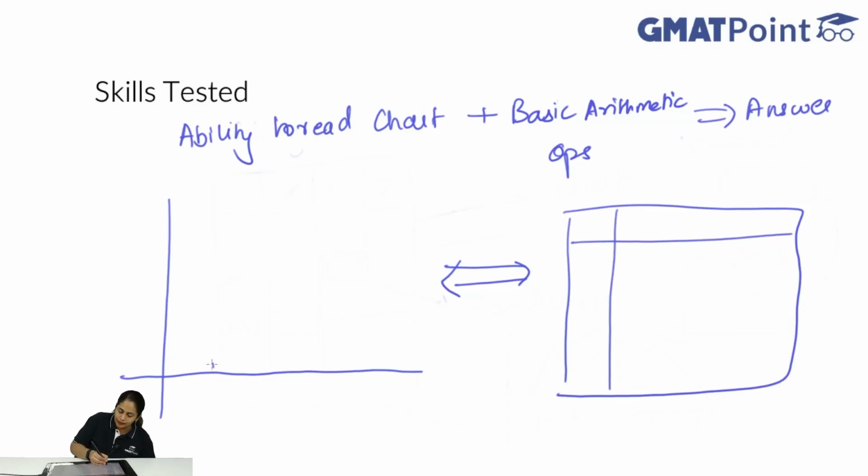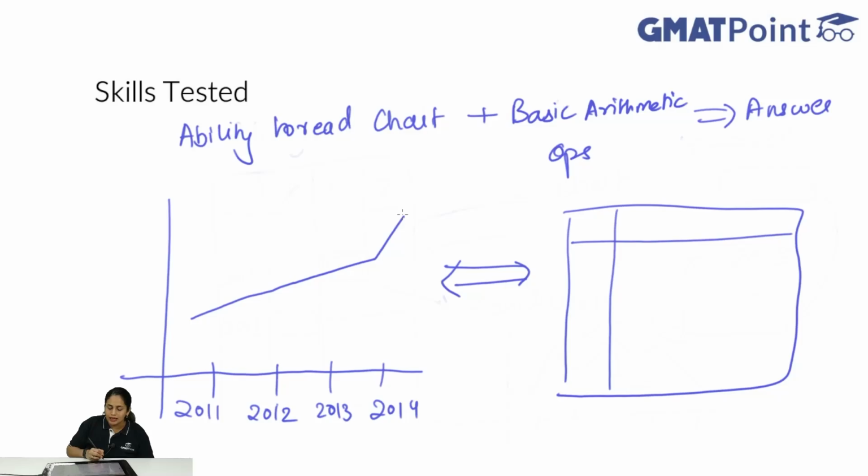So for example, this is the chart which is showing the revenue and profit for say 4 years, 2011, 2012, 2013 and 2014. Suppose it is showing the revenue, and this is the revenue as such. Then you have the profit, where the profit is say higher and lower and higher as such.